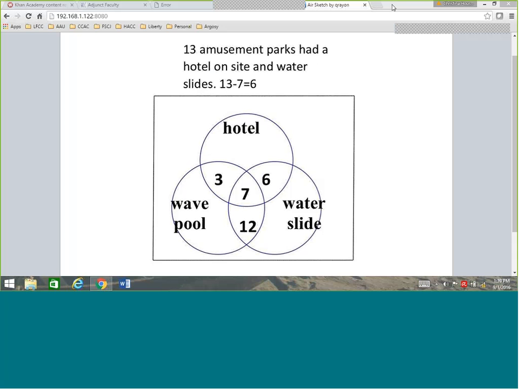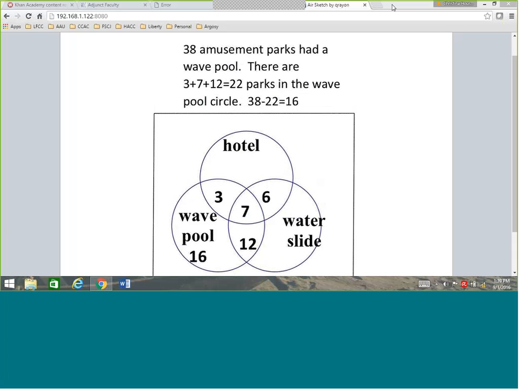Moving up the list, we're told that 13 had a hotel on site and a water slide. So if I look at the intersection of hotel and water slide, I should have a total of 13. There's already 7 in the middle. So in the other region, I need to put a 6, which totals the 13.